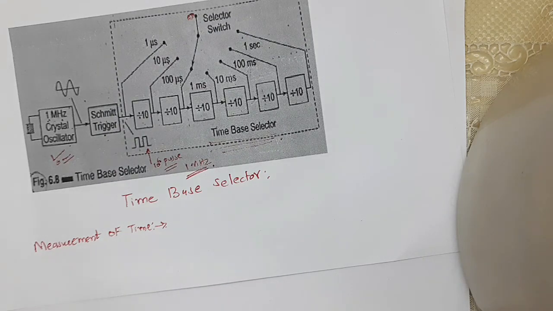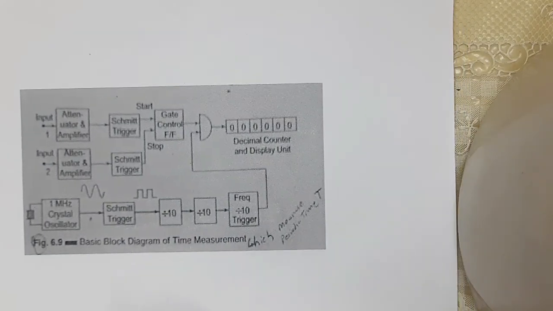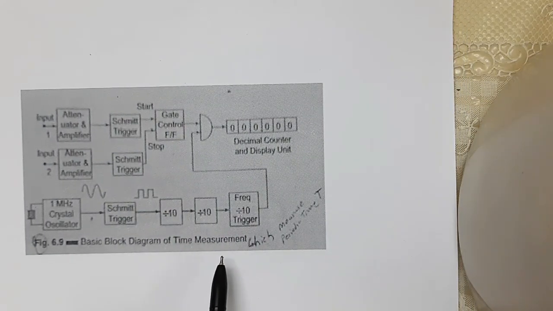So in the last lectures, if we interchange these two, then the circuit used for measuring frequency can be used for the measurement of time period. This is the only change. We can interchange both the unknown and counted signals. The figure shows the circuit for the measurement of time period. So this is our circuit, the basic block diagram of time measurement.